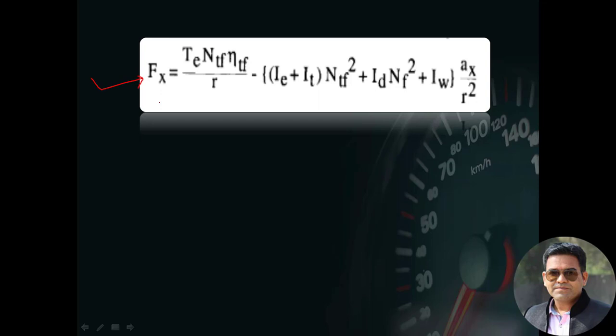So the first term here is amplified by the efficiency, or you can say multiplied by the efficiency term. Simple. Now this eta TF indicates the efficiency of the overall gear ratio, the efficiency of the overall gearbox. So this is our final equation for Fx, which means tractive effort.